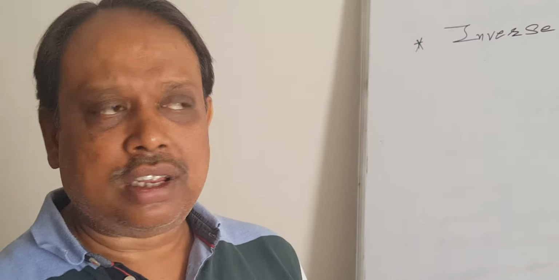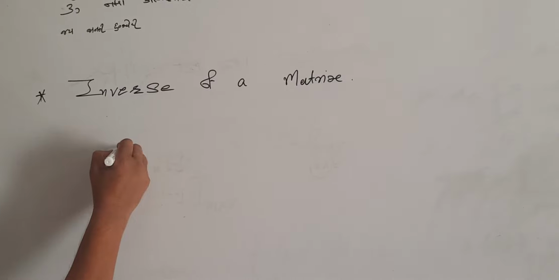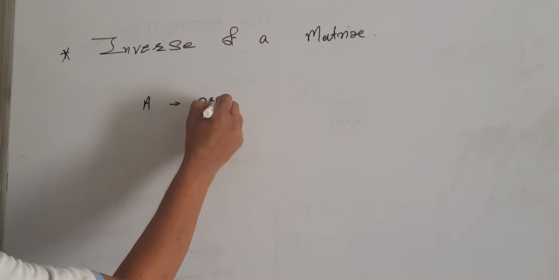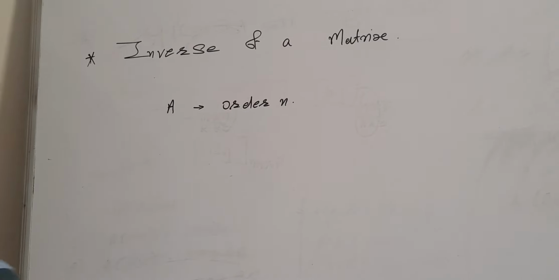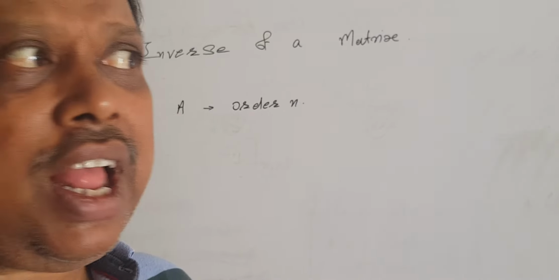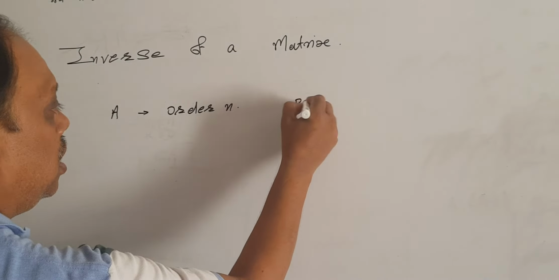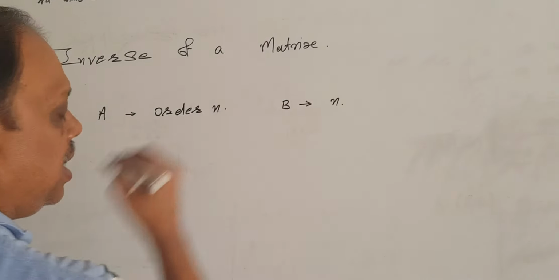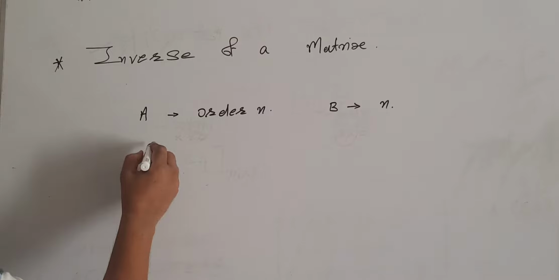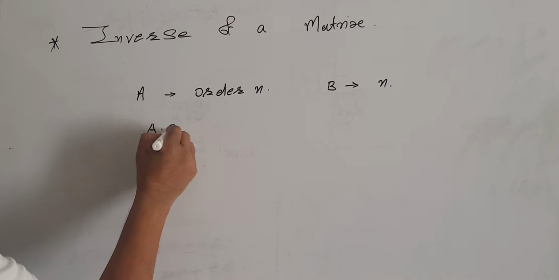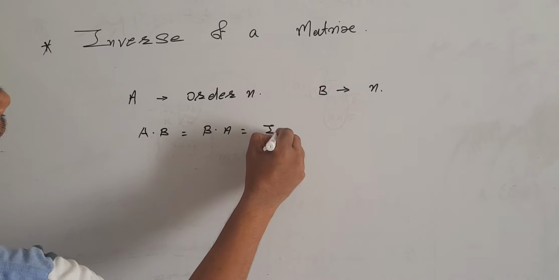Let A be the matrix of an order n. And if we find another matrix B of the same order n, such that the product of A and B, that is AB, or B into A, is nothing but I_n.